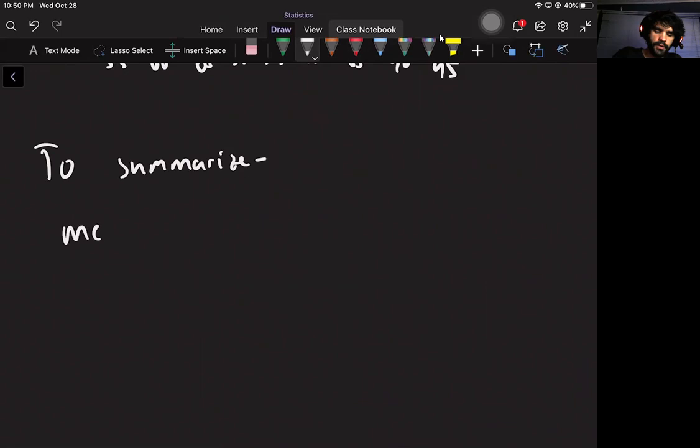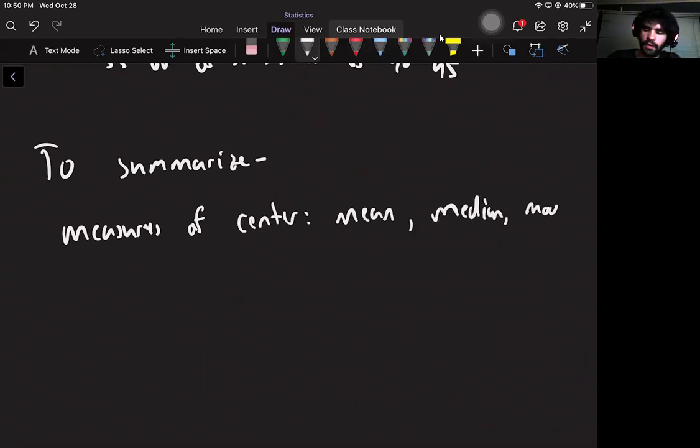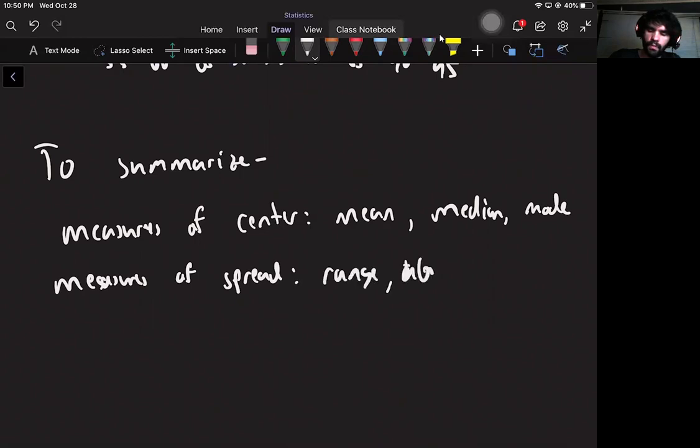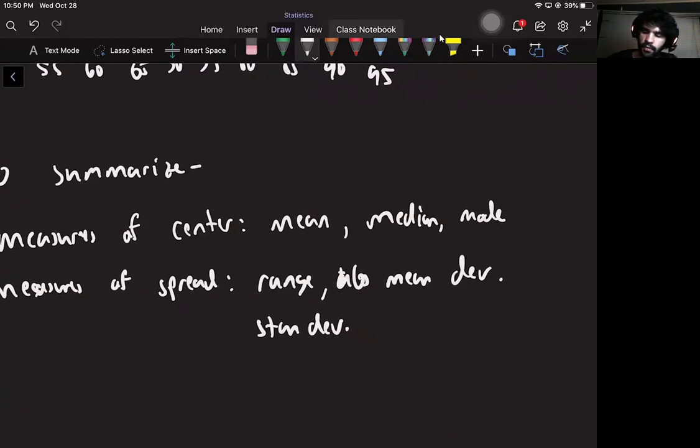So what we have are measures of center. So this is the mean and the median and sort of the mode. It's in here a little bit. We have the measures of spread. So we have lots of these: range, the absolute mean deviation, the standard deviation, and variance too.